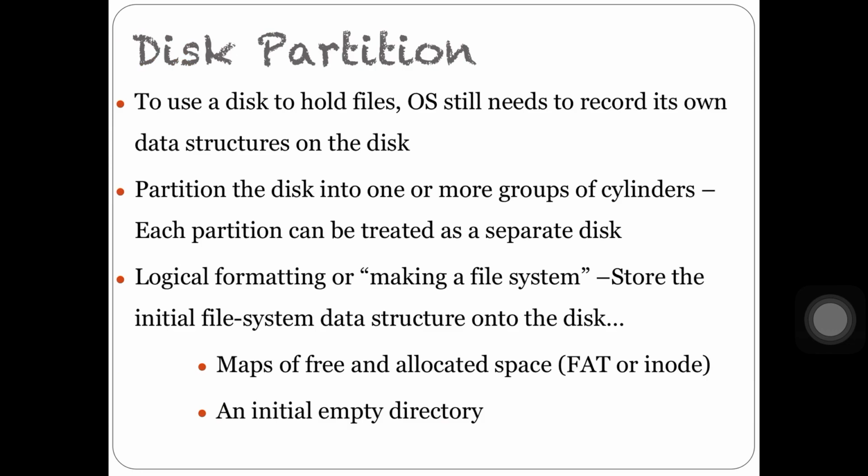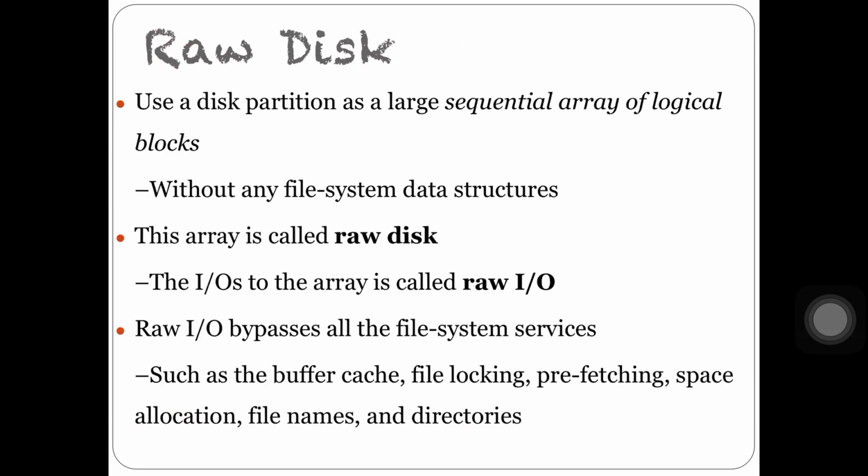The data structures may include maps of free and allocated space and an initial empty directory. So here you can see which blocks are allocated and which blocks are free in this data structure.